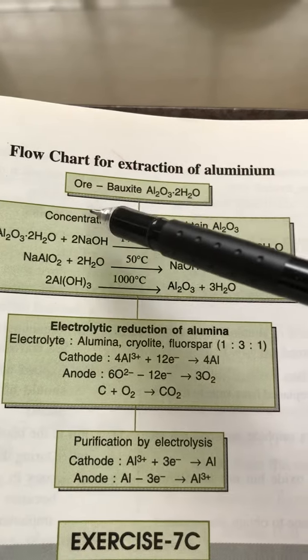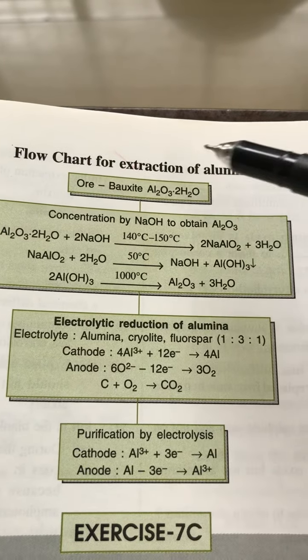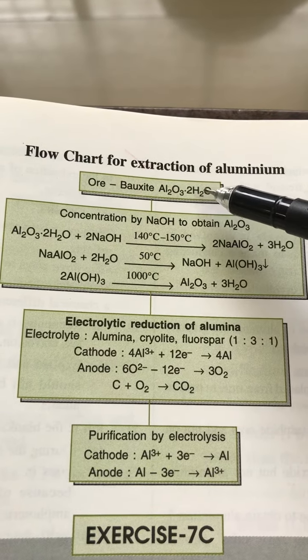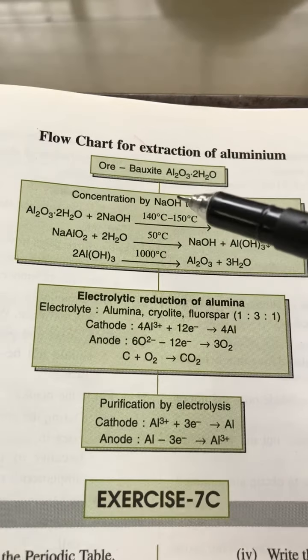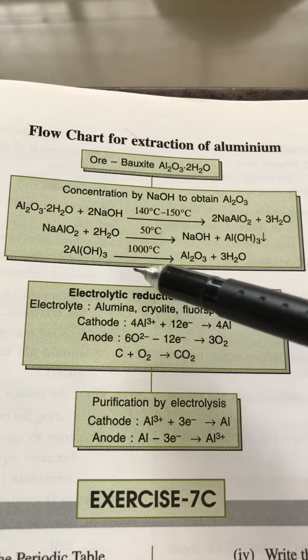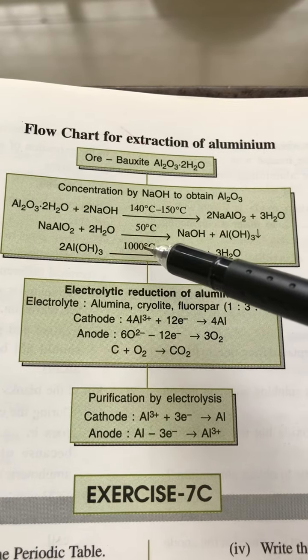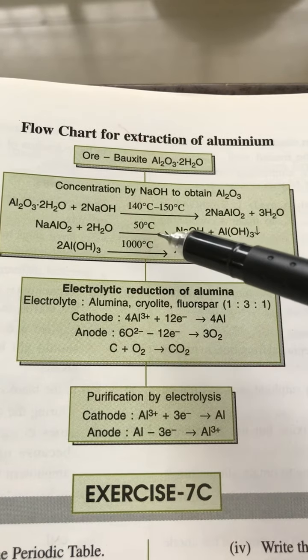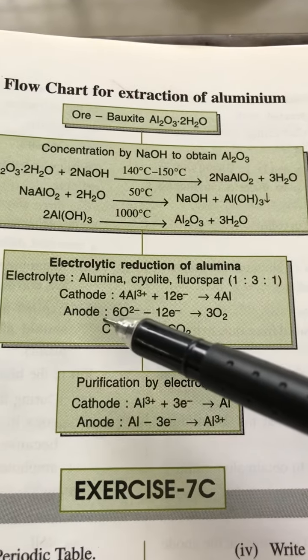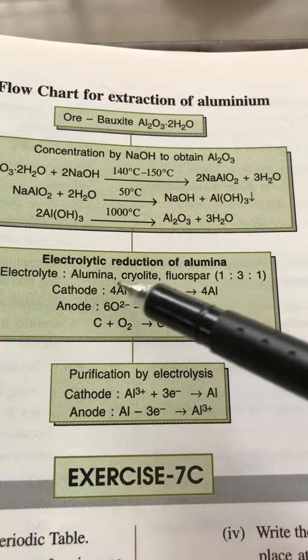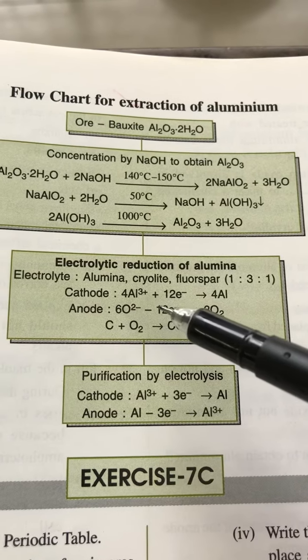And here a flowchart is given, the flowchart for extraction of aluminum. We extract aluminum from the ore, that is bauxite, and then these are the processes, that is Bayer's method, as I explained: step number 1, step number 2 and step number 3. Later, once we get aluminum oxide, we move on to electrolytic reduction, that is the Hall-Héroult process.